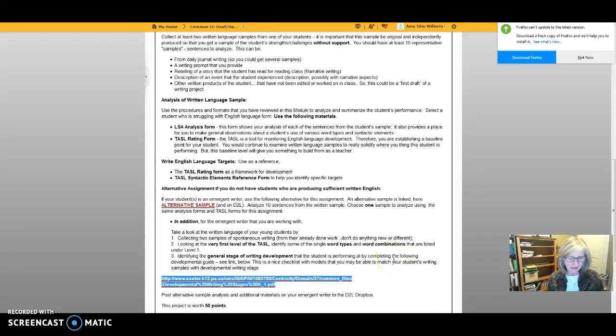Hi, I've gotten a couple of emails from people who are thinking about what would be the best way for me to collect a language sample for my student. And really, there are a lot of scenarios, but you have to remember what your goal is. You really want to understand the student's form.